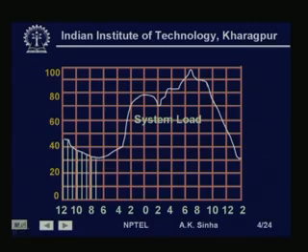In a power system, as you can see from this diagram, the load on the system keeps on varying all the time. That is, the load on the system is not constant, it keeps on changing all the time, as we had discussed earlier.